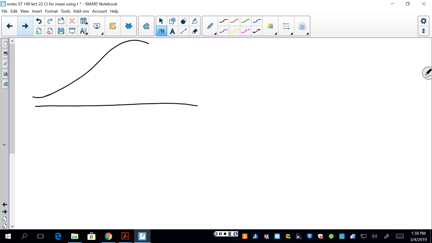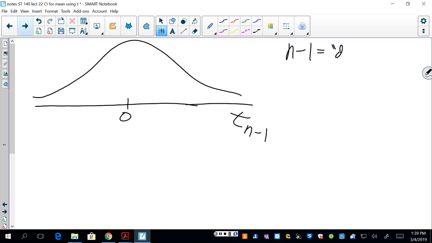So the t distribution is basically the same picture. There's a different t distribution for every sample size. T of 1, T of 2, T of 3, T of 99, T of 9,000, whatever. This n minus 1 is referred to as the degrees of freedom, and it's n minus 1, one less than the sample size.